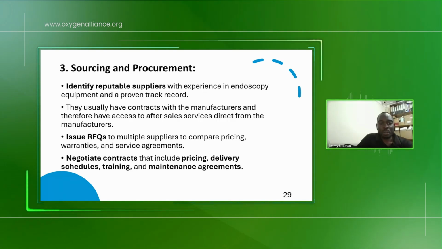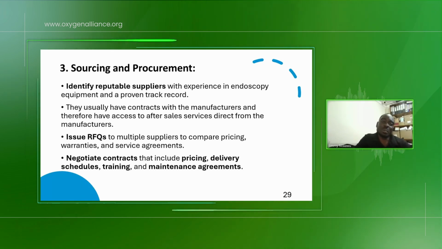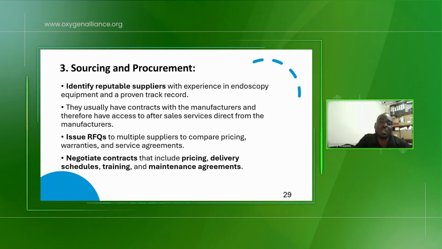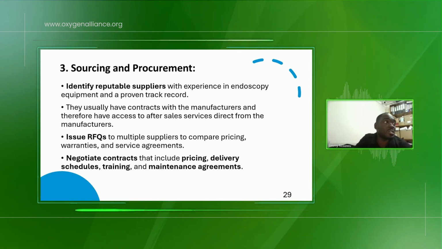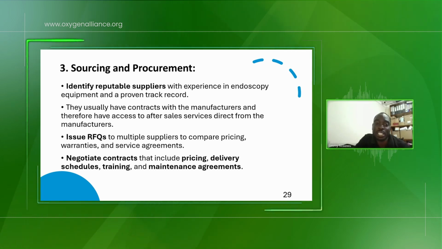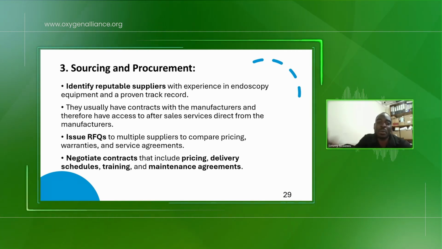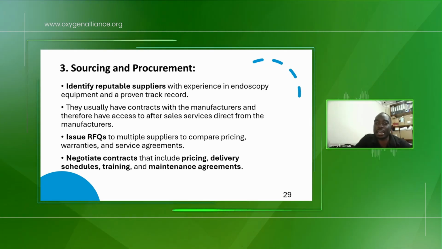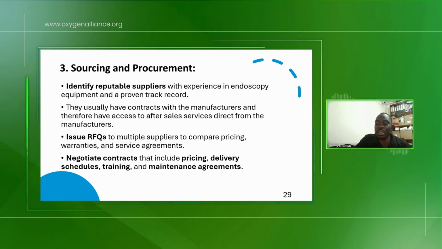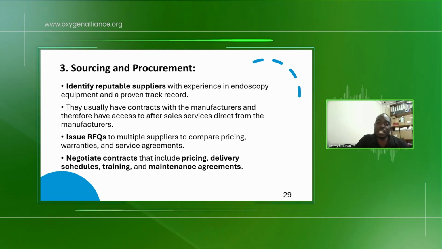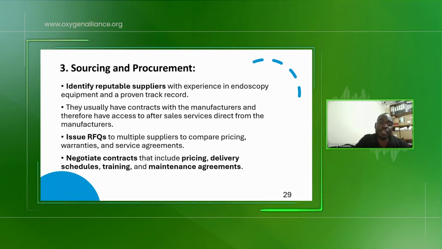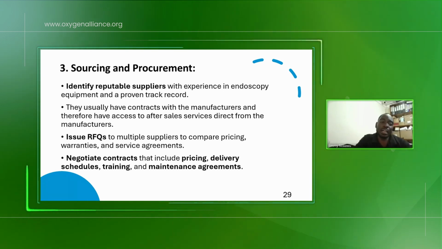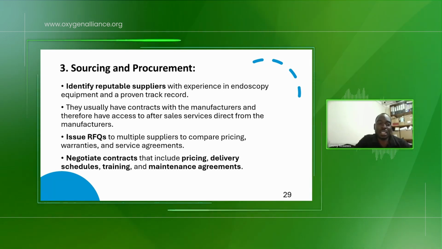Yeah, so procurement. When you're procuring the scopes, look for reputable suppliers. Reputable suppliers usually sign contracts with manufacturers. Manufacturers also want people who can handle their scopes very well. Like, you're representing a brand, so you should be able to represent the brand very well. When you get the reputable suppliers, you can get their RFQs.